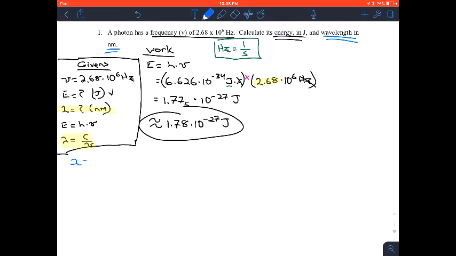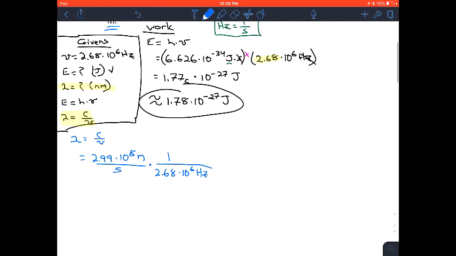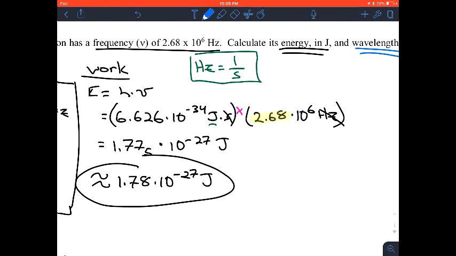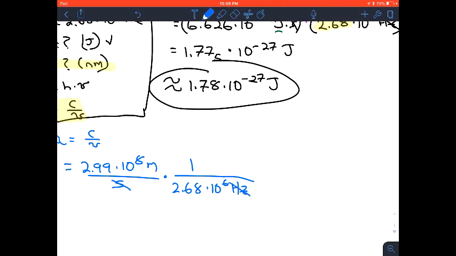So we have wavelength equals c over nu, which means the speed of light, 2.99 times 10 to the 8th meters per second, multiplied by 1 over the frequency, which is 2.68 times 10 to the 6th hertz. We know that from our definition above, hertz and seconds, when they're multiplied together, cancel out.